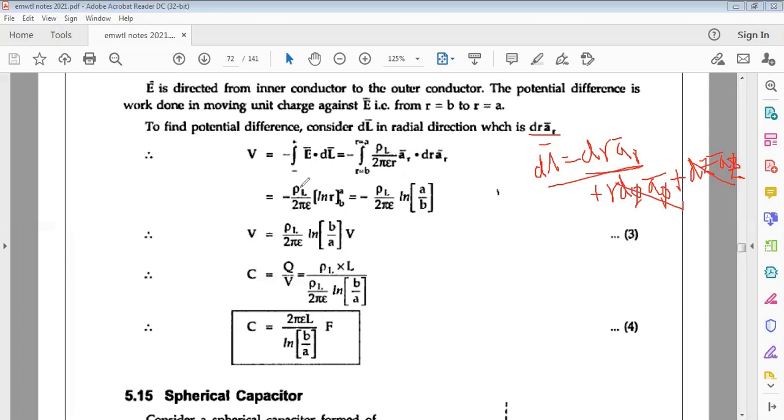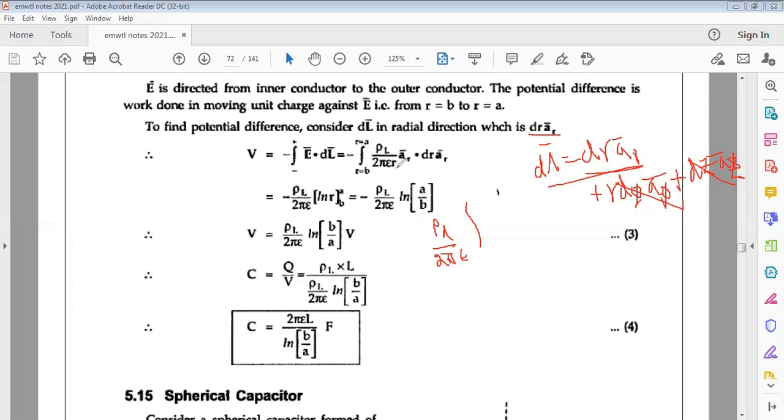So the coefficients are rho L by 2 pi epsilon and dr is there, and AR bar dot AR bar is equal to 1. So integral dr, and R is there, integral of rho L by 2 pi epsilon.